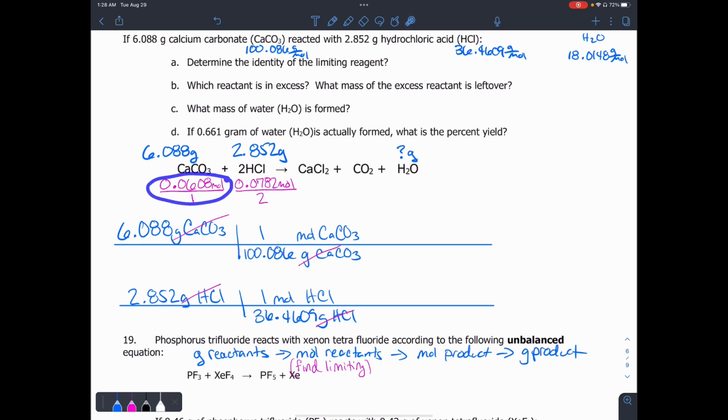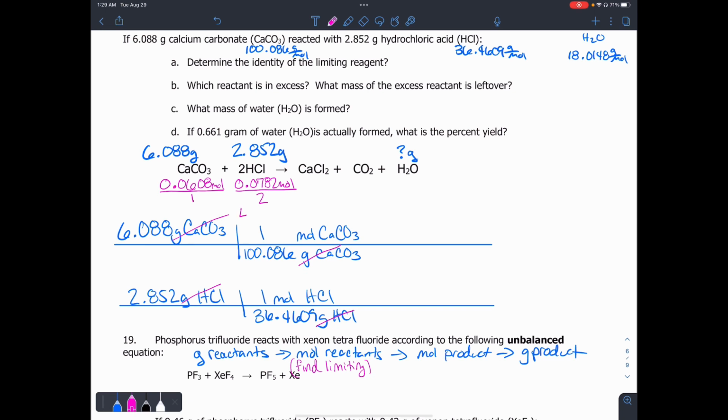So this number divided by 1 is still 0.06. This number divided by 2 would be approximately 0.04, right? Because this is 0.08 if I round in my head, and half of that would be 0.04. So hopefully you can see that the second number will be smaller if I divide it by 2.